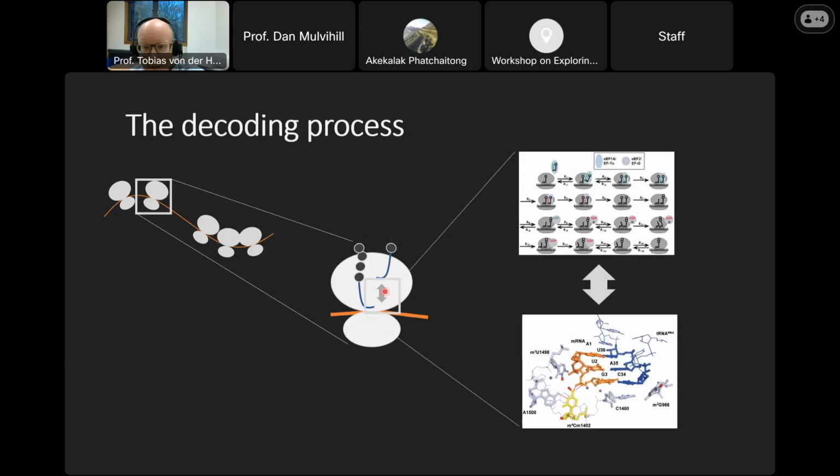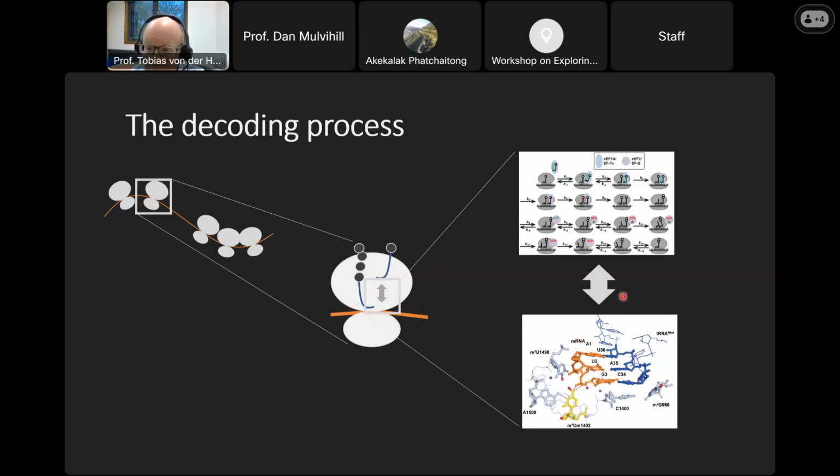And the sampling process is a result of two things. One is the biochemistry with which the ribosome evaluates tRNAs when they come into its A site. And we understand that biochemistry quite well because very good biochemists have studied this in detail over the years, and we know all these rate constants. But another aspect we need to understand is the base pairing relationship between the tRNA anticodon, so this bit of the tRNA, and the mRNA codon, so the part of the mRNA that sits in the A site.